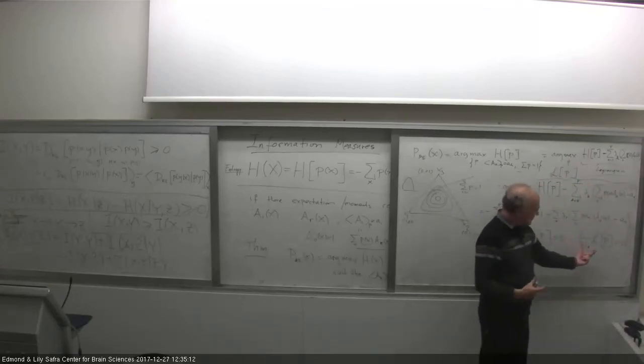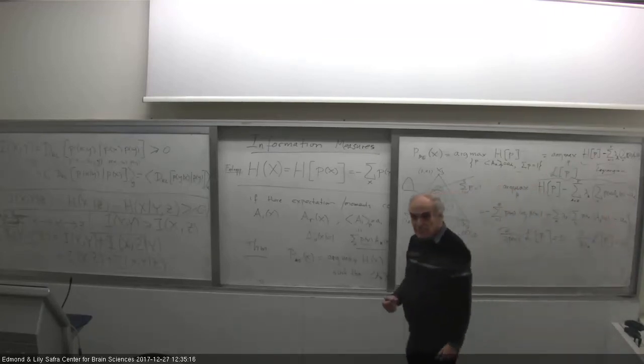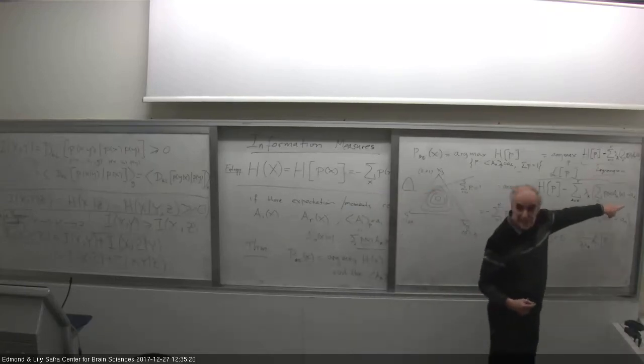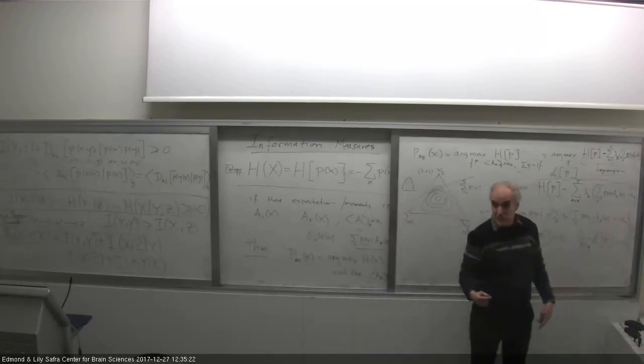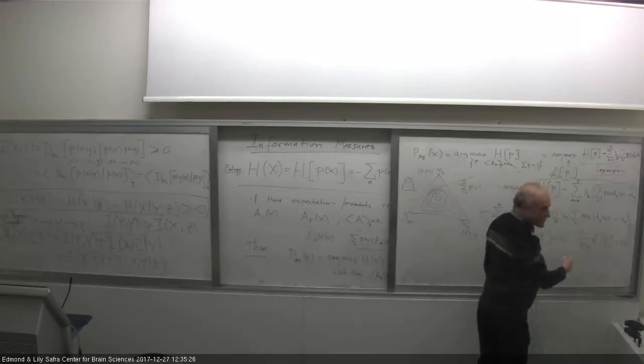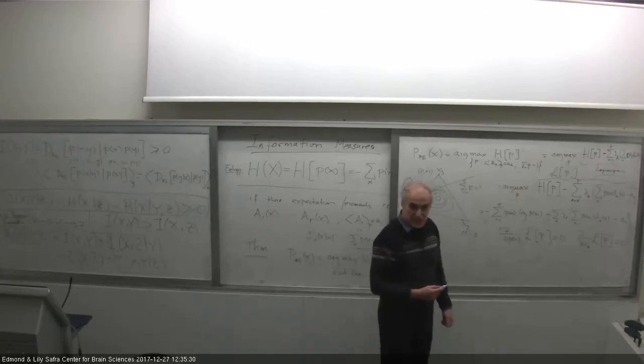But this condition is precisely imposing the constraint. Because the lambda appears only here, when I take the derivative, it's precisely that this is 0, which means the constraint is satisfied. So usually we don't really worry too much about this. We take this equation.